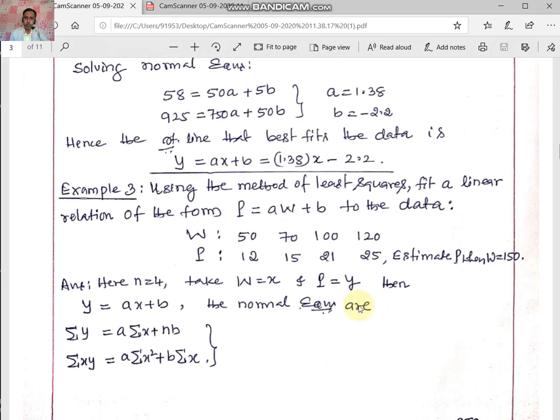Okay, so here pairs of values are given, n is equal to 4. For our convenience we take w equal to x and p equal to y, then the equation becomes y equals ax plus b. So this represents the straight line.